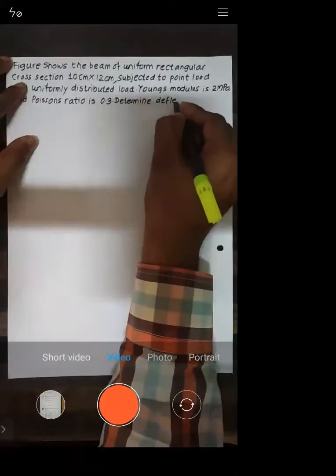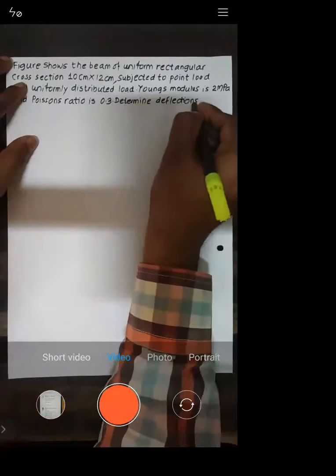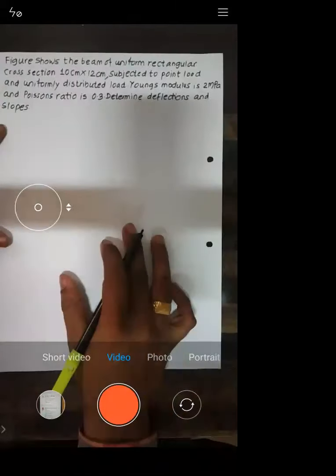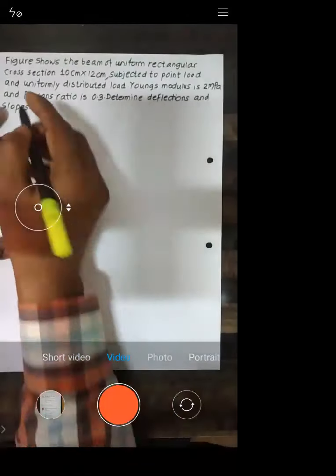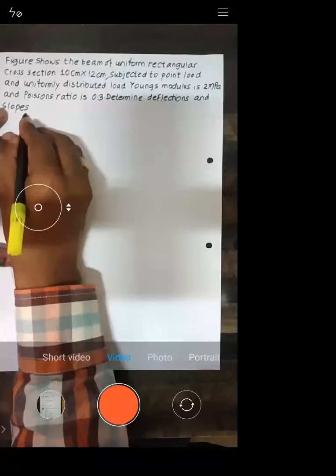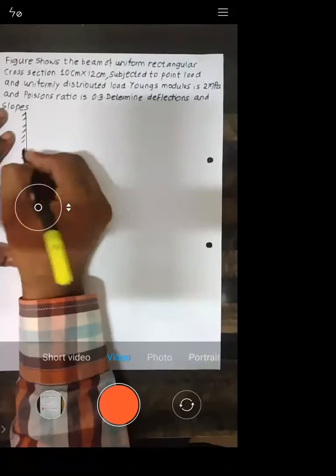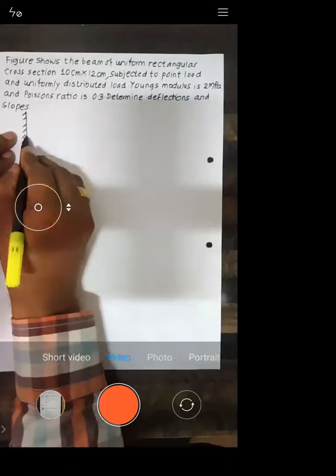Determine the deflections and the slopes. Okay, so let's see here. The diagram is given. So this is the beam which is given.